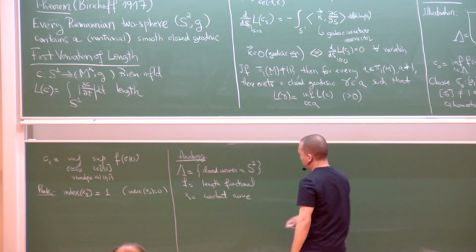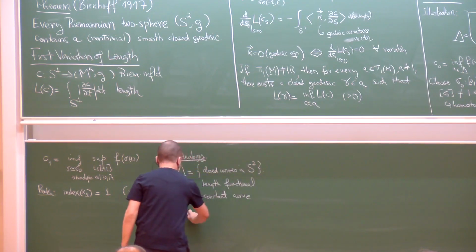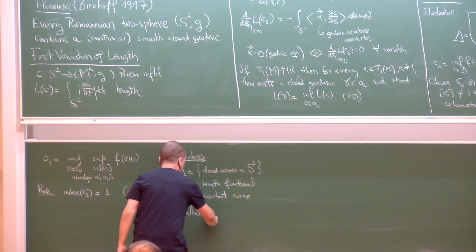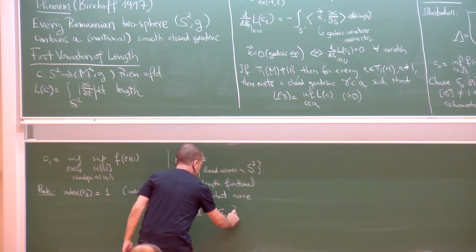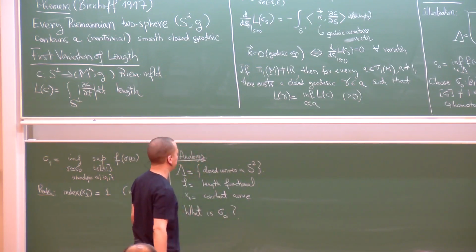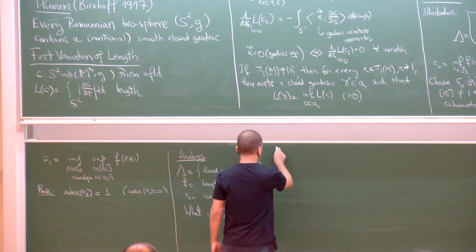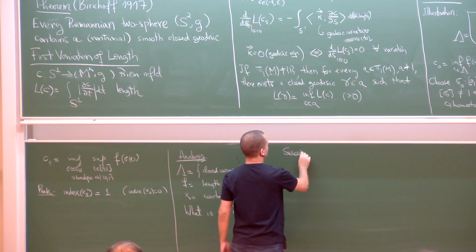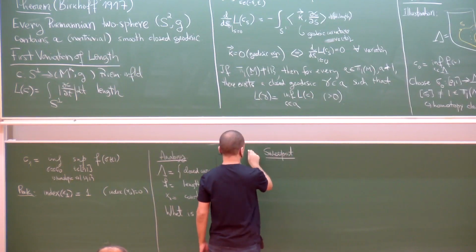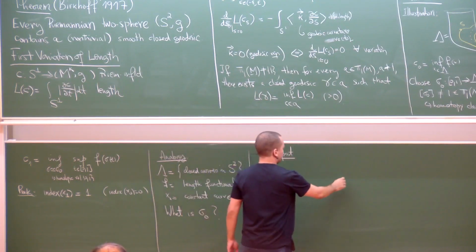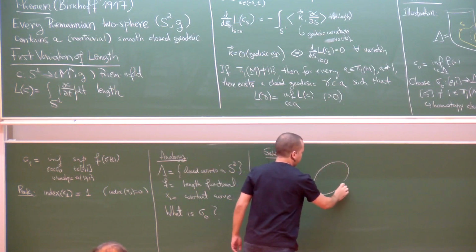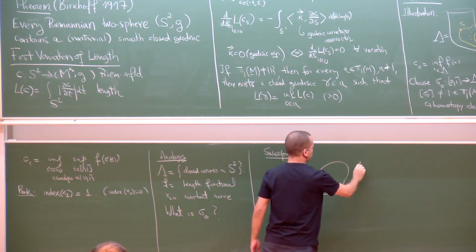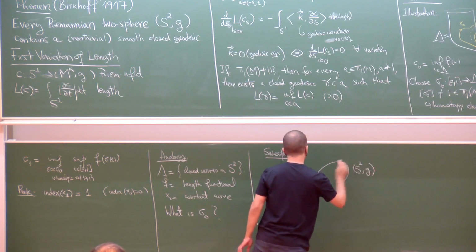So the question here is, what is sigma naught? What is the yellow loop in the picture? This is the notion of sweep out. Suppose this is the shape of your sphere S2 with the metric g.